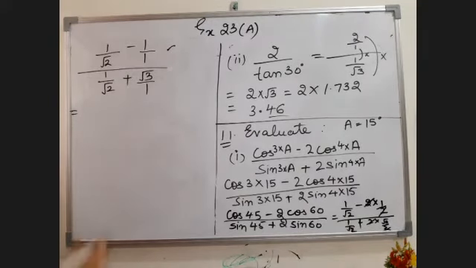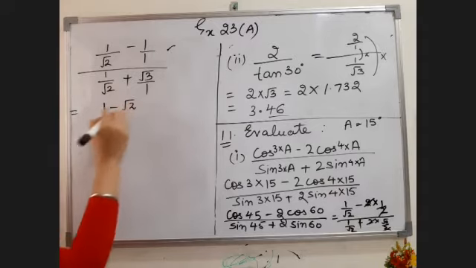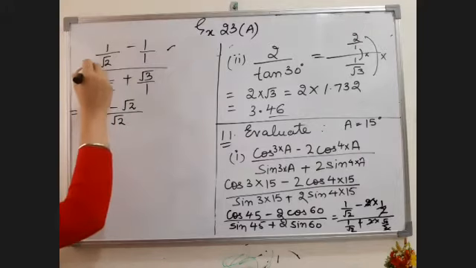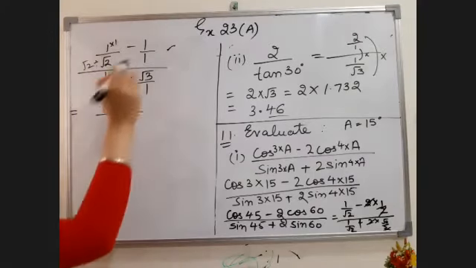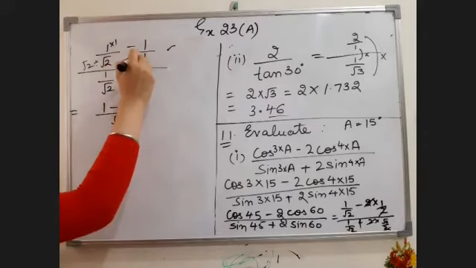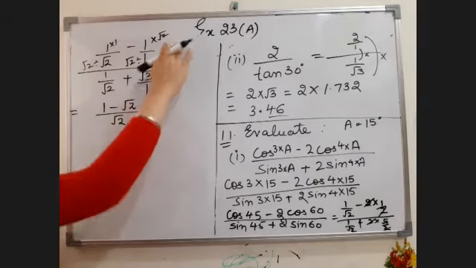Root 2 is the LCM. Root 2 divided by root 2 is 1, and multiply by 1, and root 2 divided by 1 is root 2. So that number we have to multiply with the numerator.